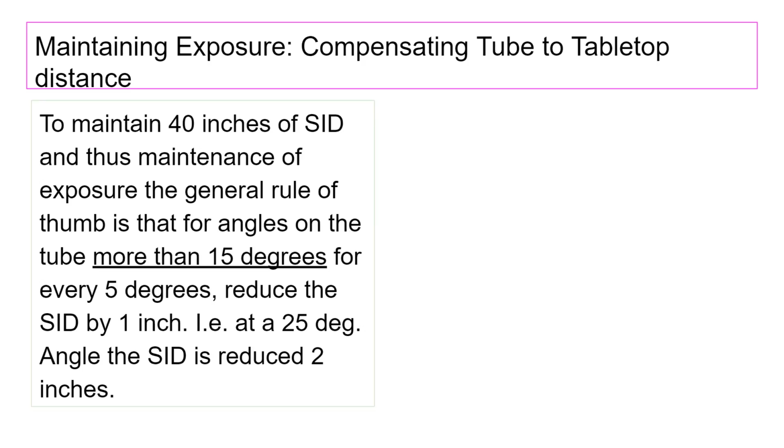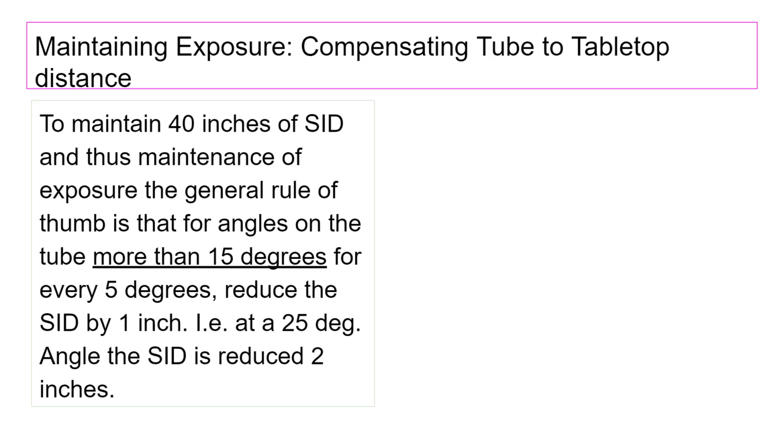You're going to drop that SID from 40 to 38 inches. That's right. If it's perpendicular, you don't do anything. But as soon as you angle, and we've probably done this in the lab, there's suddenly a difference in your SID, right? Which can change a lot of things.